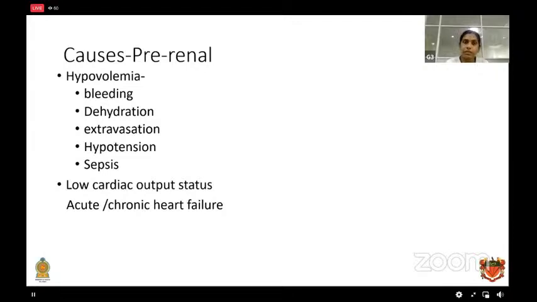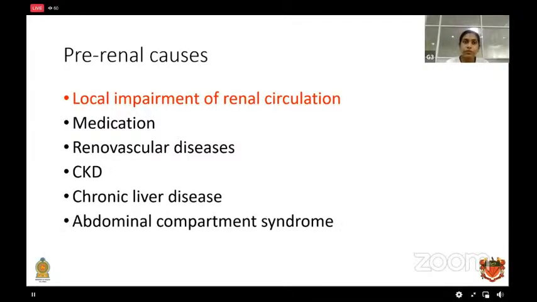There's another pre-renal group of causes, which is the local impairment of renal circulation. That mainly happens with medications like non-steroidal anti-inflammatory drugs and other medication, and renal artery stenosis, which is a common renovascular disease.